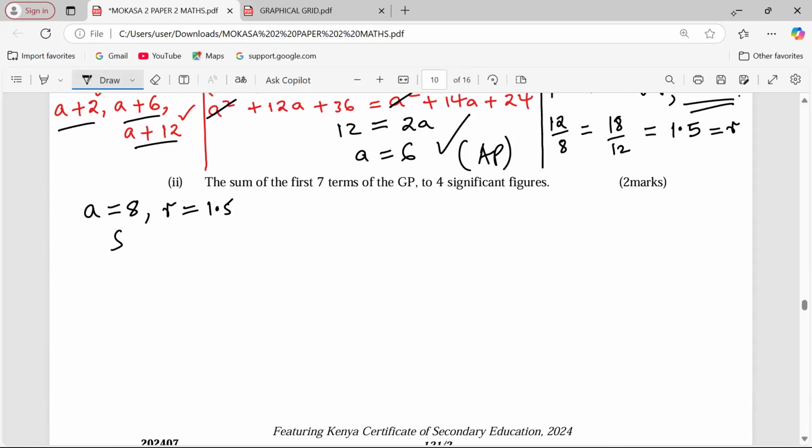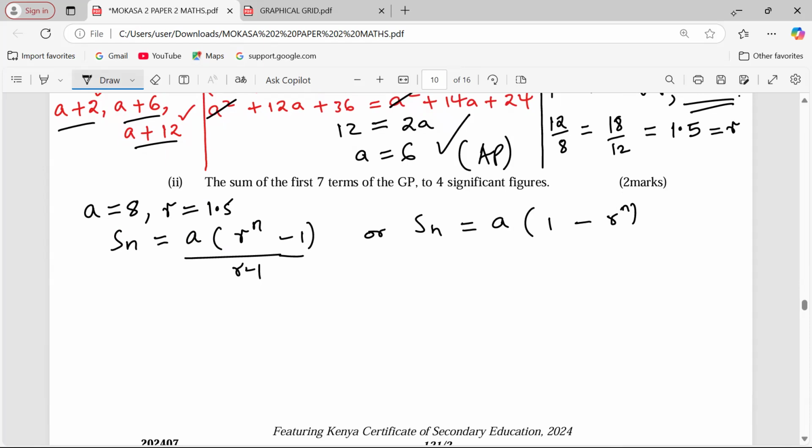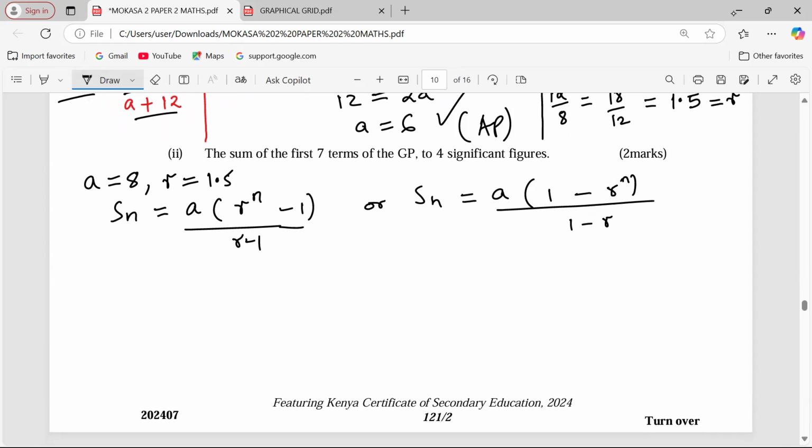Sum of a given number of terms in a GP is usually given by A, the first term, into R power n minus 1 divided by R minus 1. Or it can be given by A into 1 minus R power n divided by 1 minus R. Any of these two formulae can be used.